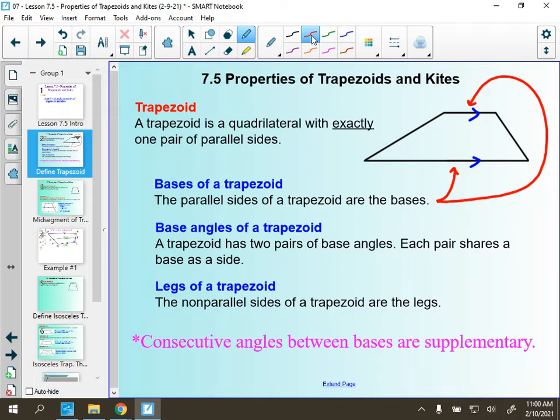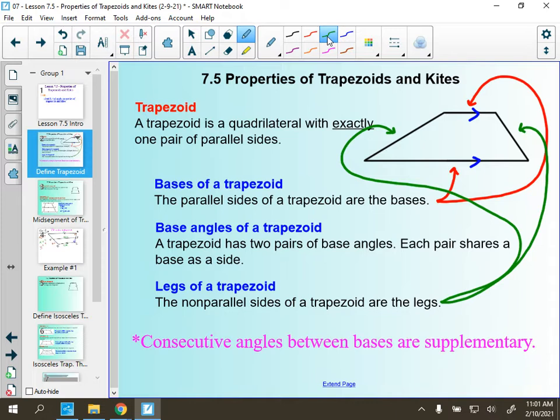I'm going to jump down to the legs, because if we're talking about sides, the parallel sides we're calling the bases. The non-parallel sides, here's where it gets kind of tricky because my stuff starts to overlap, we would call the legs. Okay, so our legs are there. Like I said, if you want to make a big picture and draw the arrows, legs are the non-parallel sides.